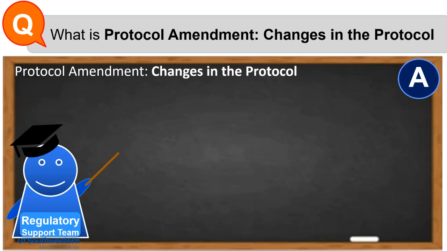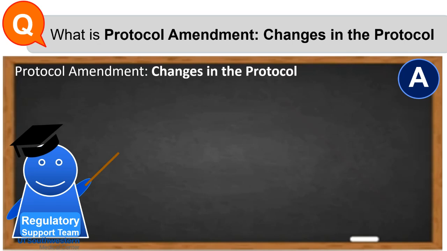The next type of protocol amendment is changes in existing protocol. Per regulations, once an IND is in effect, a sponsor shall amend it as needed to ensure that the clinical investigations are conducted according to protocols included in the application.